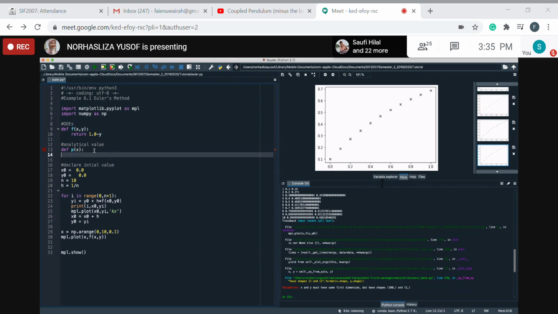All right, so the analytical value when we evaluate this function is given by return 1 minus np.exp(x). This is the one that we discussed in class last Wednesday.